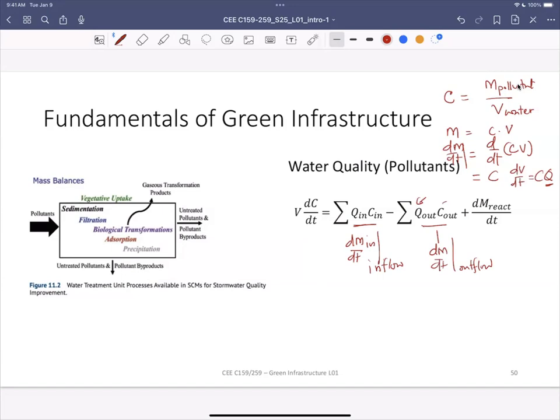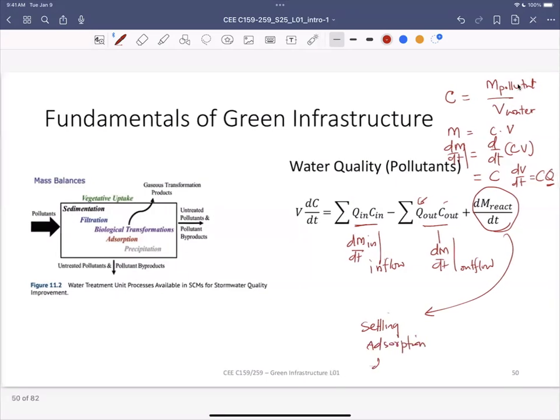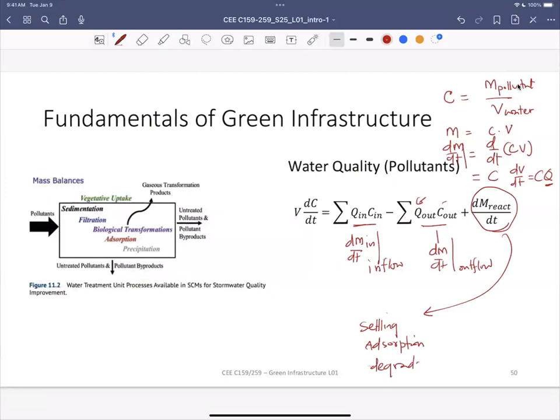Then some of the pollutants are removed in green infrastructure because of settling or degradation, so all those things can be connected here. Here dM/dt is related to the amount of pollutant removed because of settling, adsorption, absorption, attachment, or degradation. There are all these different processes that could remove pollutants.